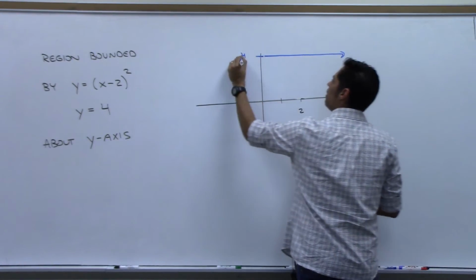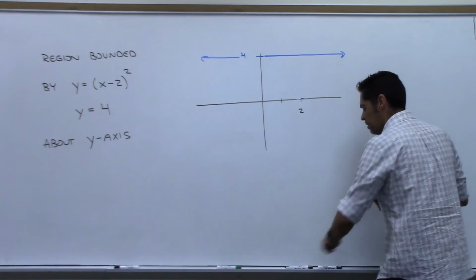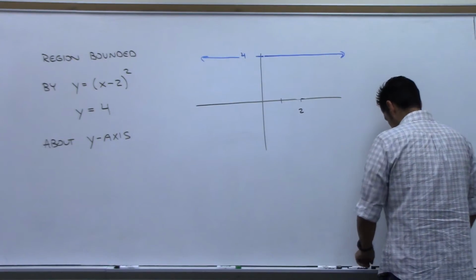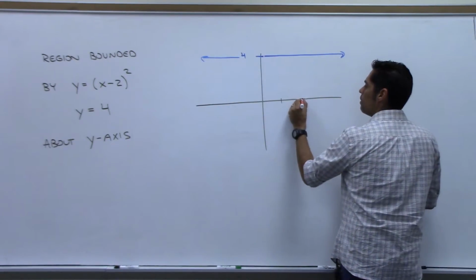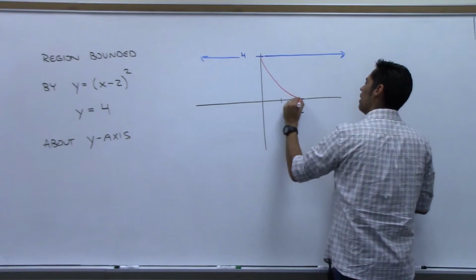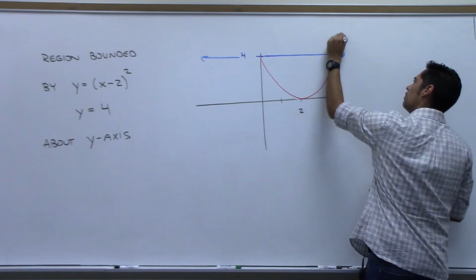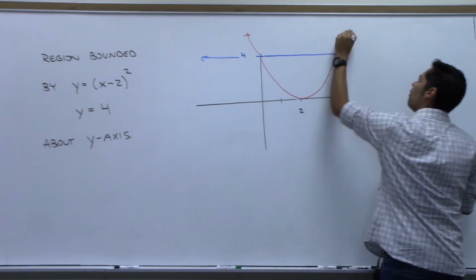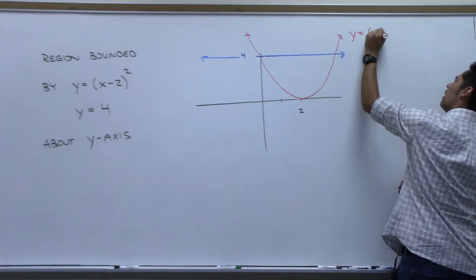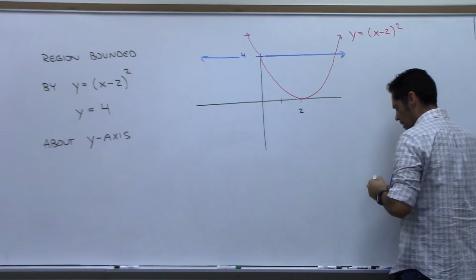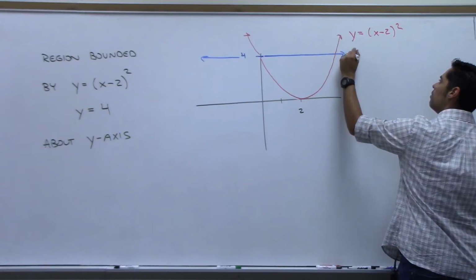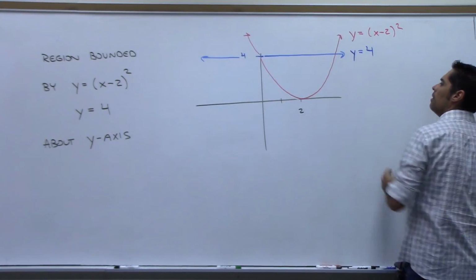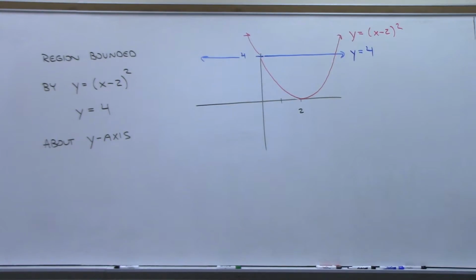And I believe this parabola hits it at 0, doesn't it? Yes. So it's going to come up and hit here, and then it's going to hit over here. Y equals x minus 2 squared. Y equals 4. Everyone okay with the region?